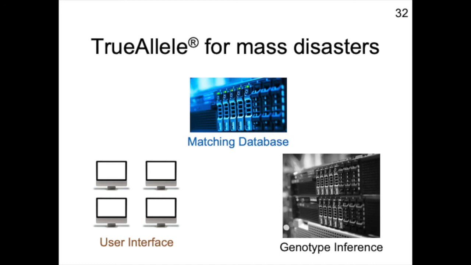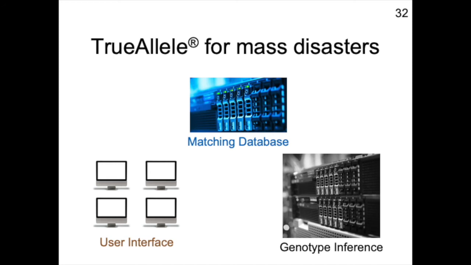And then on the bottom right, we have the genotype inference. The inference has gotten more and more powerful and more validated. The most recent validation paper shows that TrueAllele can reliably separate mixtures containing up to 10 unknown individuals. That's a lot of people in one small amount of DNA.